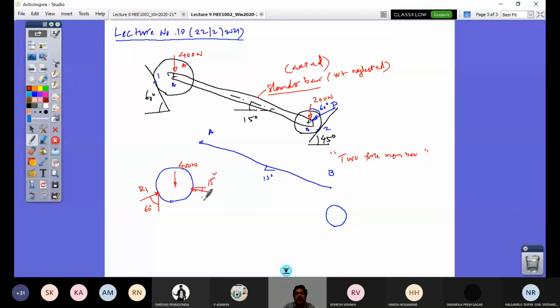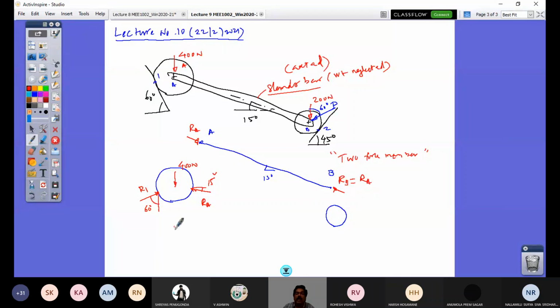This is what is now RA, when I say this member is under compression. Now for the free body diagram, this is RA, the force exerted onto the member. So when I connect this point A and this point, this RA would disappear. That's the idea. For its equilibrium at this point, this RB value should be equal to RA. That's all. This understanding is what is a two force member.